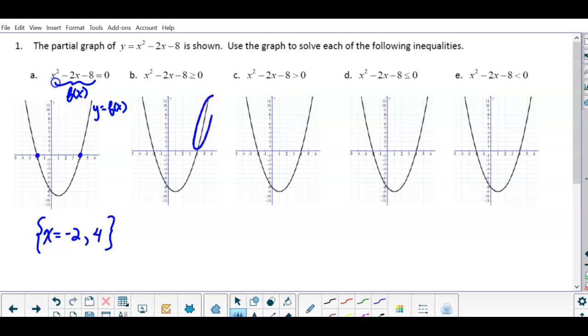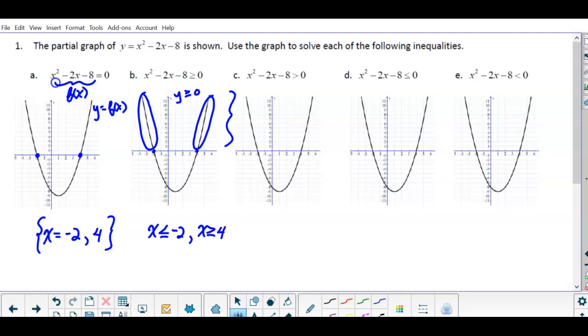So that's in this part here. So it's really where is y greater than or equal to 0? That's always above the x-axis, including the x-axis here because it does have an equal sign. So we do include the 4 and the -2, but it's going to be x less than or equal to -2 or x greater than or equal to 4.